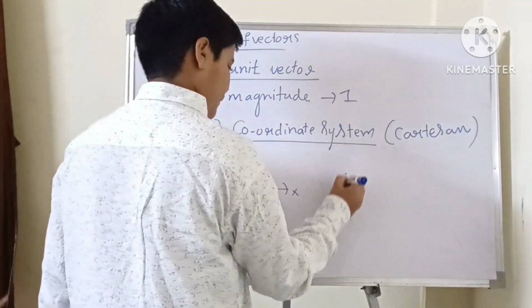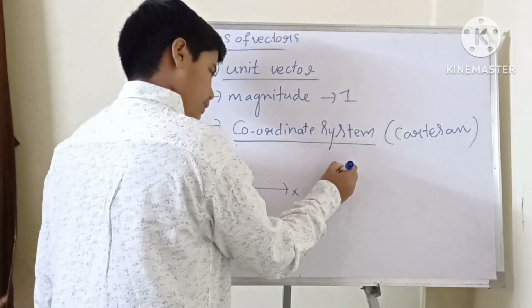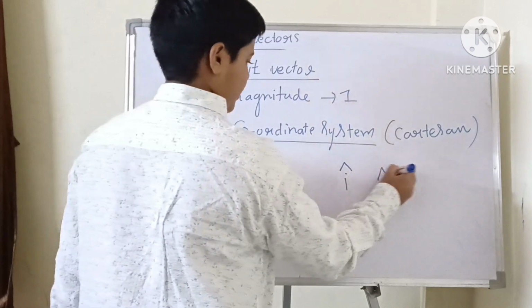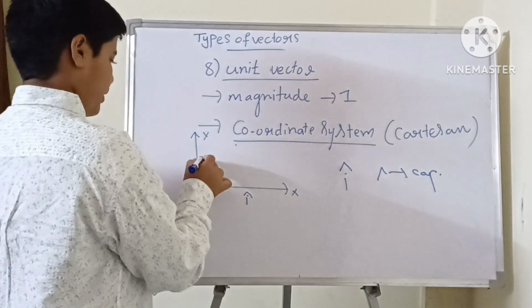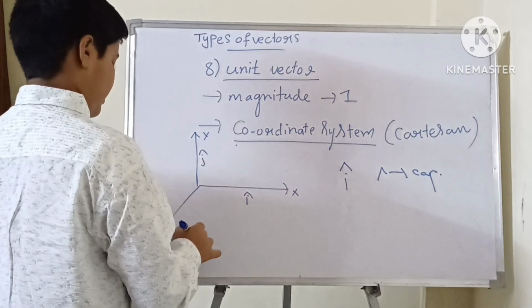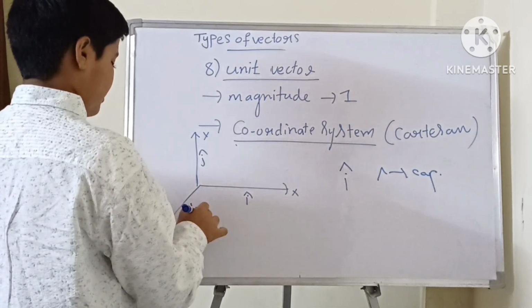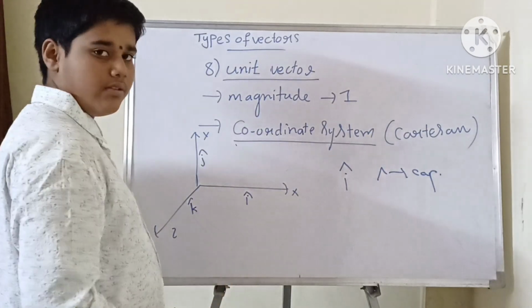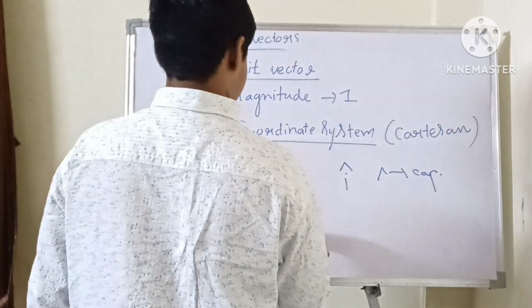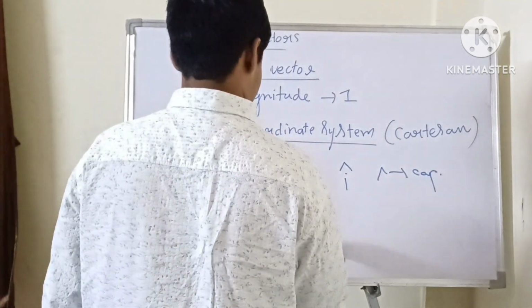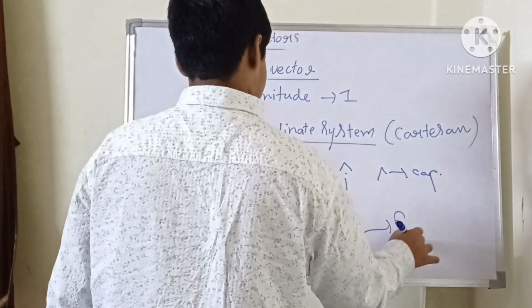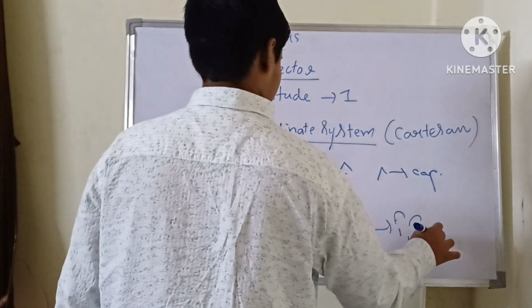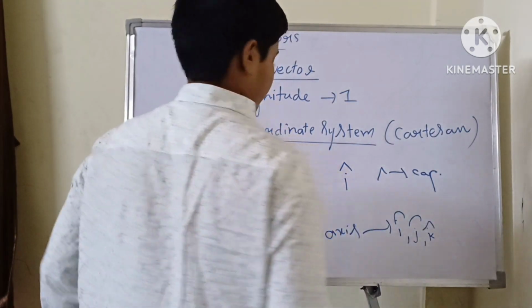In the y axis j cap, in the z axis k cap. Okay, in the x, y, z axes there are i cap, j cap and k cap.